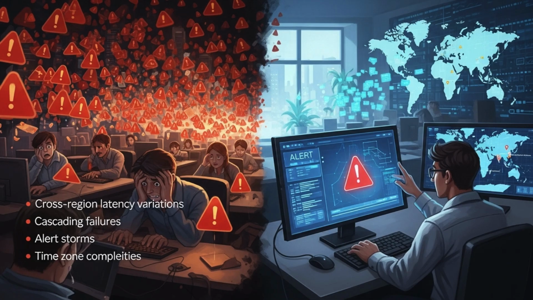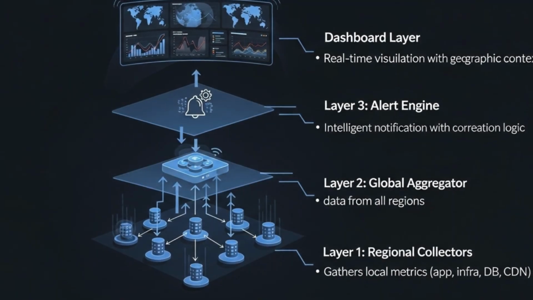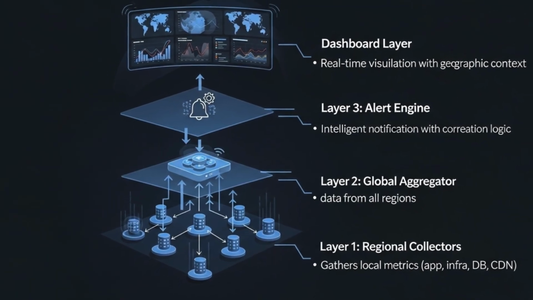This leads directly to alert storms, where a single root cause generates hundreds of notifications, burying your on-call engineers. And finally, time zone complexities make incident response and escalation a nightmare when your global teams are asleep while an issue unfolds. To overcome these challenges, we need a structured approach.